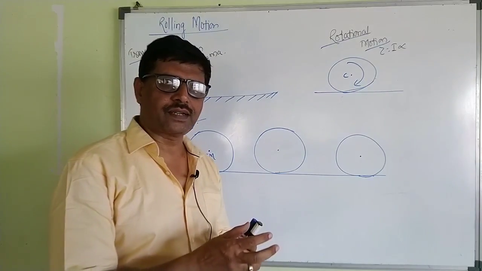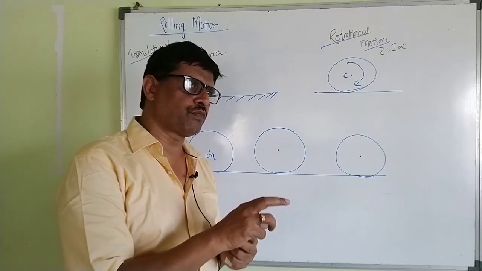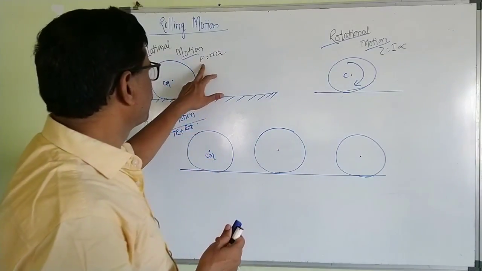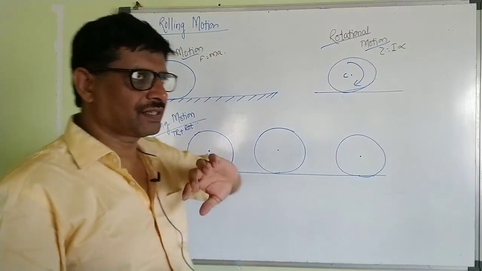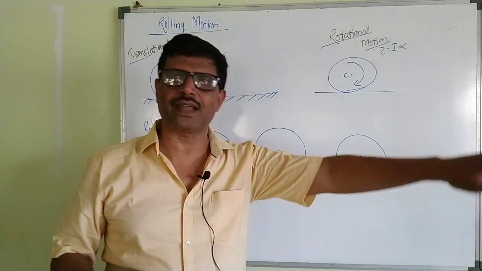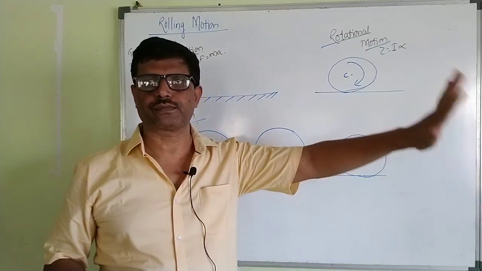The object at rest is brought into motion with the application of a force, which is given by mass into acceleration, and the motion takes place in the direction of force.